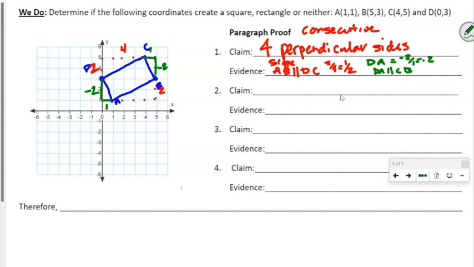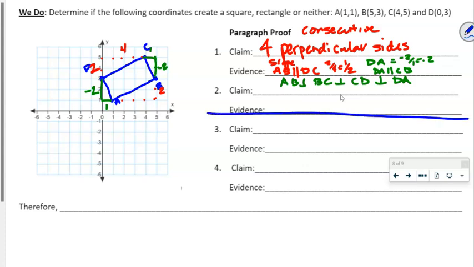So what can we say then about all the sides, though? They're all perpendicular, right? So I'm just going to write that here. AB is perpendicular to BC, is perpendicular to CD, is perpendicular to DA, right? That's what we want to talk about, okay? Then, that's really all we need to prove that this is a rectangle, right? 4 right angles, right, y'all? So that could be all, we're done, okay?